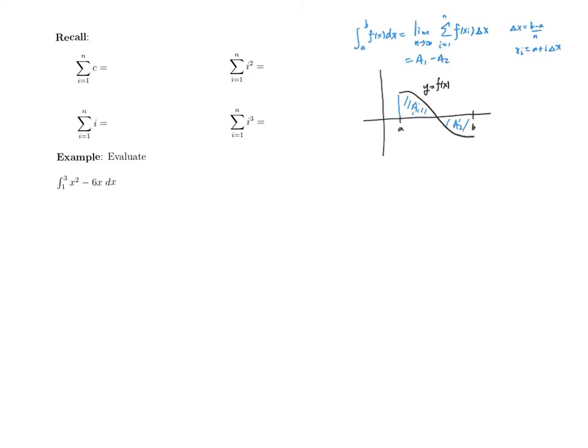When it comes to evaluating a definite integral for a specific function, we're going to have to take care of some summations. So let's recall a few of the common summation formulas that we previously introduced. The sum of a constant c from i equals 1 to n is just adding up c n times, so n times c.